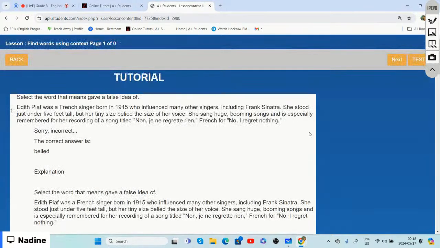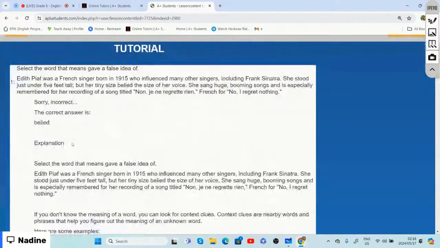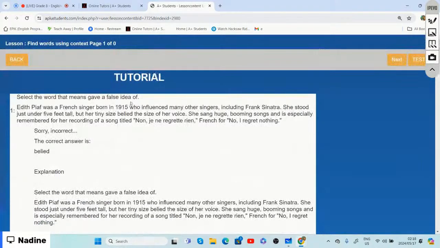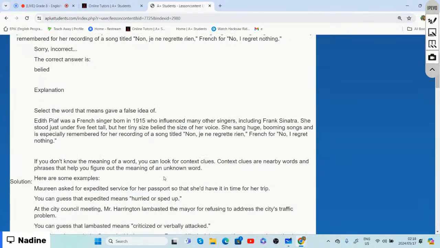So they're saying select the word that means gave a false idea of. Edith Piaf was a French singer born in 1915 who influenced many other singers, including Frank Sinatra. She stood just under 5 feet tall, but her tiny size belied the size of her voice. She sang huge, booming songs and is especially remembered for her recording titled Non, je ne regrette rien, which is French for I regret nothing.